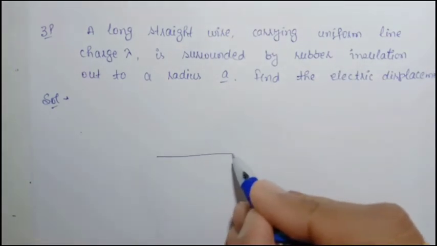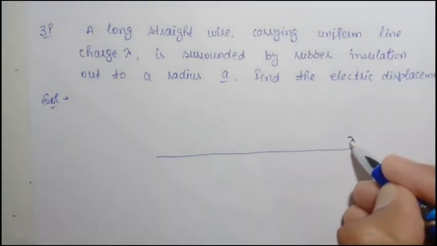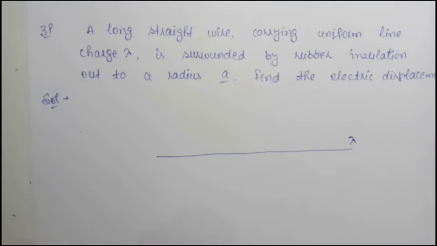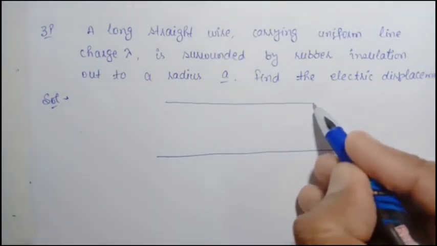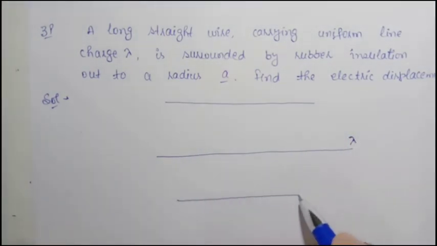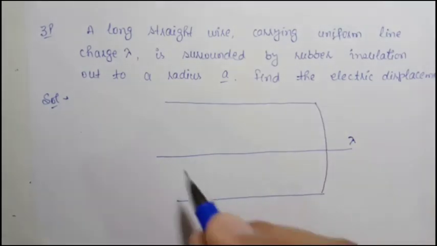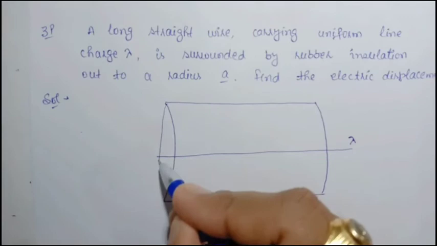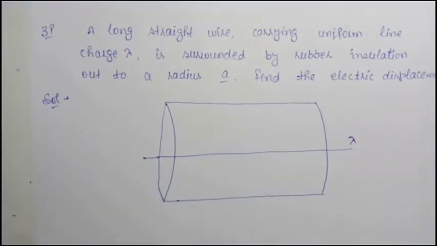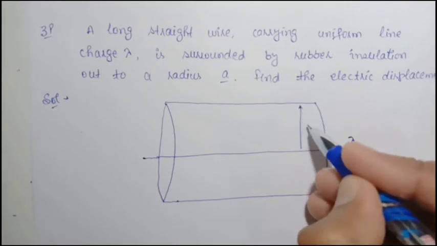Suppose this is a long straight wire and lambda is the charge, that is charge per unit length, and it is surrounded by rubber insulation, and here suppose a is the radius, as per the problem.